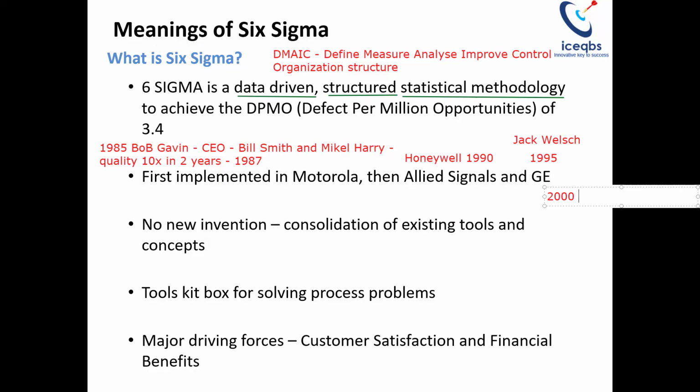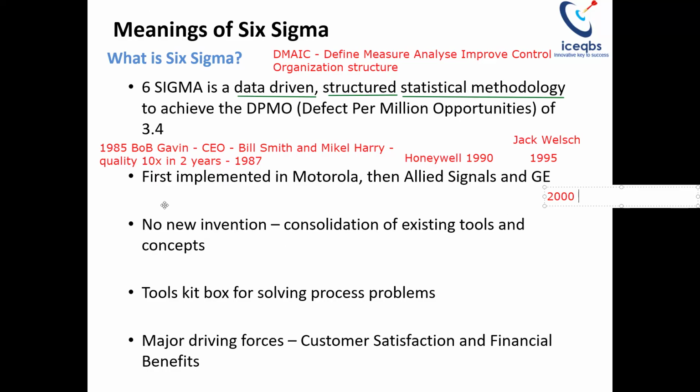Nowadays, this methodology is implemented across different verticals, different functions, so everywhere. There is no boundary that Six Sigma cannot be used in this vertical or this function. Everywhere, this methodology can be applied.